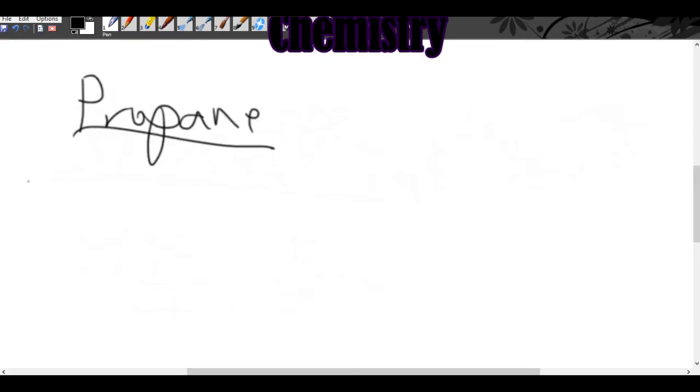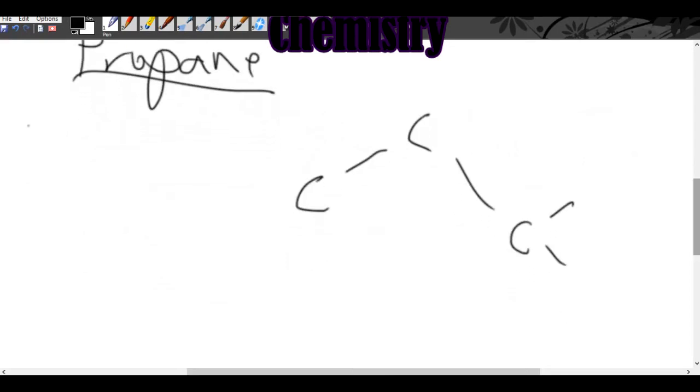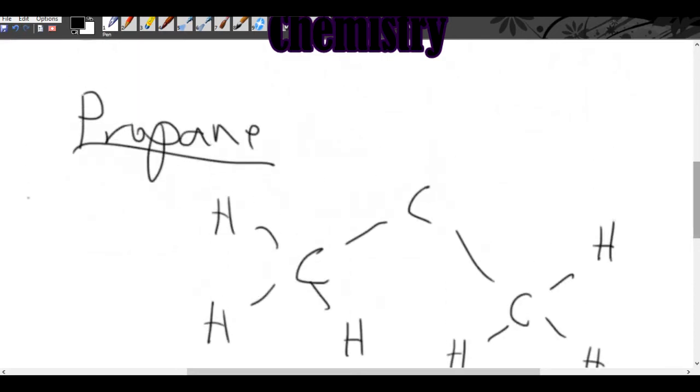Now, propane consists of 3 carbons with some amount of hydrogens. So this is what the molecule looks like, and it has 3 carbons and 8 hydrogens.